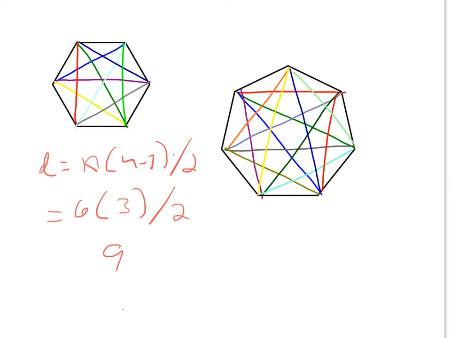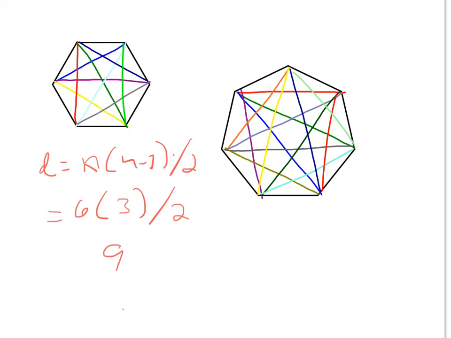Let's look at our hexagon here. Here are my diagonals. I have 1, 2, 3, 4, 5, 6, 7. Be careful now, we don't want to repeat the same ones. 8, and the last one right here is 9. Okay?